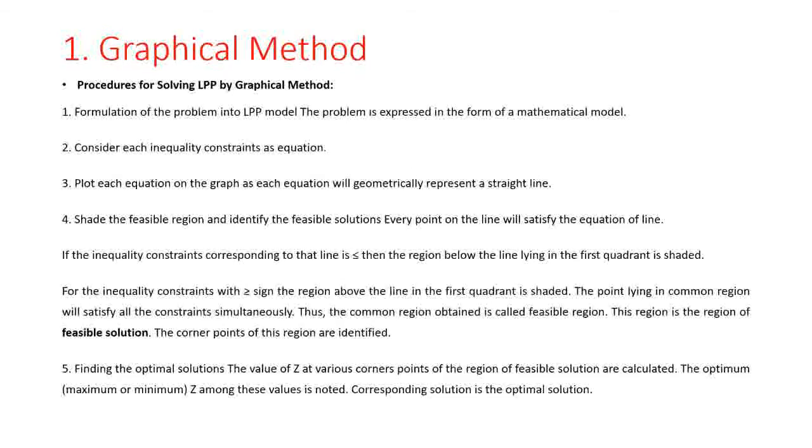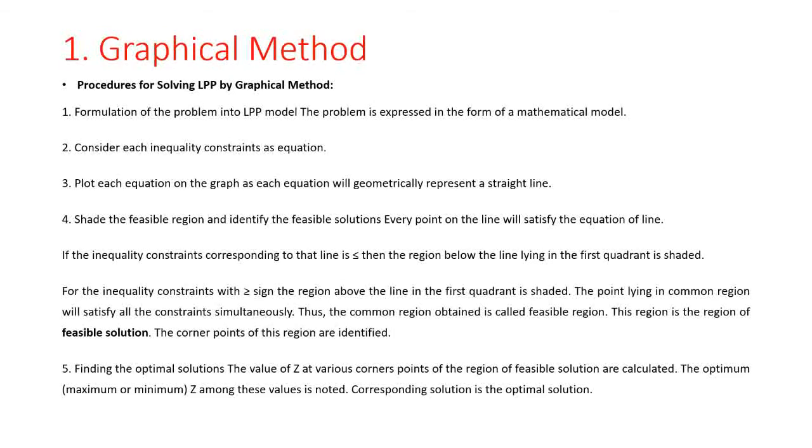Then the fifth step is finding the optimal solution. The value of z, that is the objective function, is calculated at the various corner points of the region of feasible solutions. The optimum solution can be in the form of a maximum or a minimum of the objective function z. Among these values, the best one is noted.